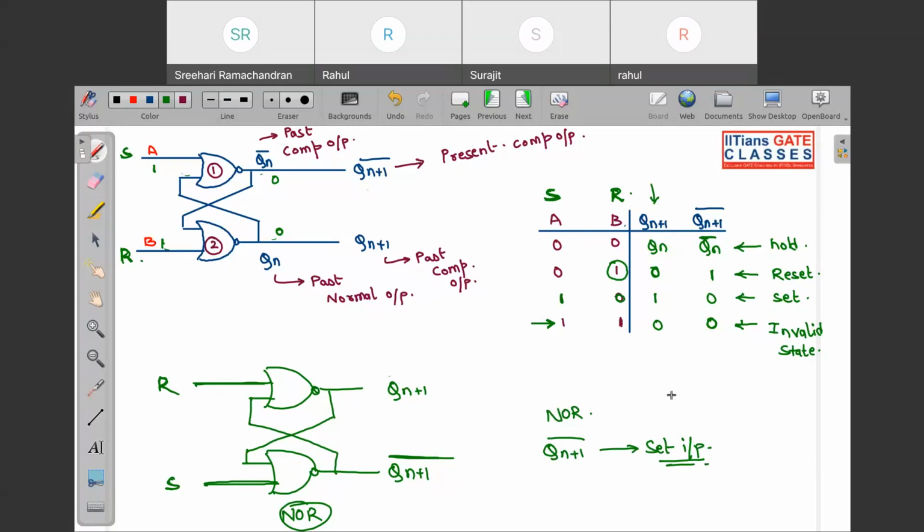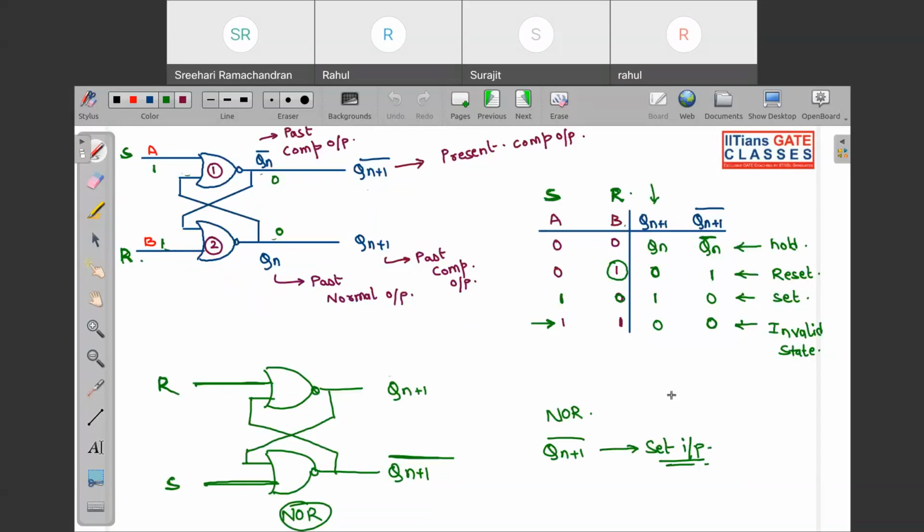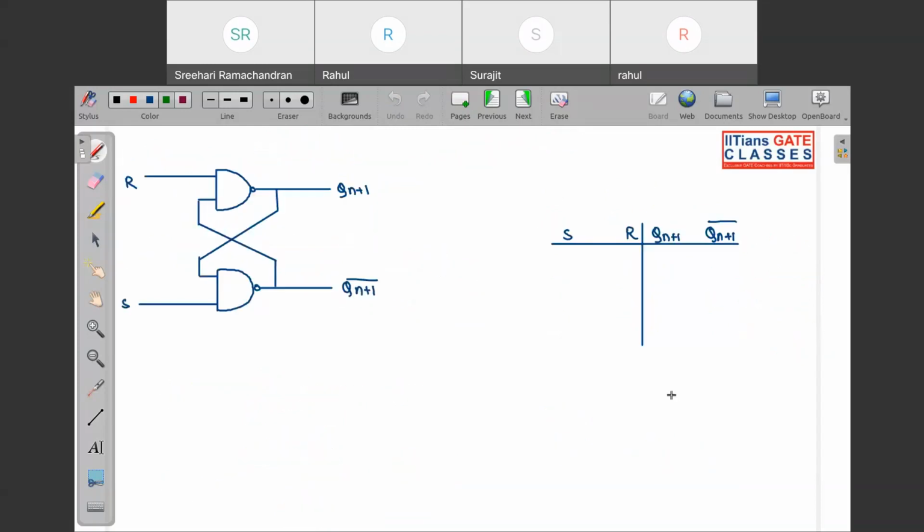Now let us talk about NAND latch. Sorry, this was NOR latch. Now let us talk about NAND latch. See, in NAND latch, there is a little bit different concept. Why? I will tell you.